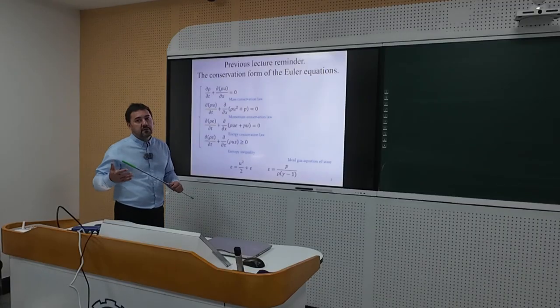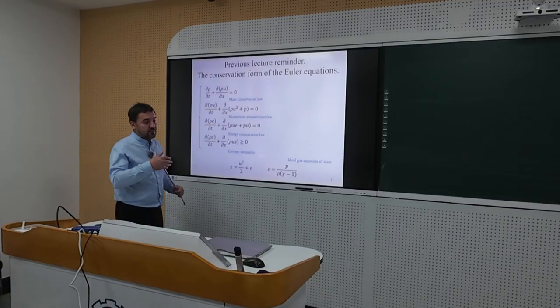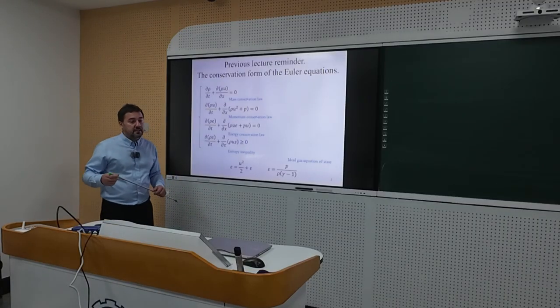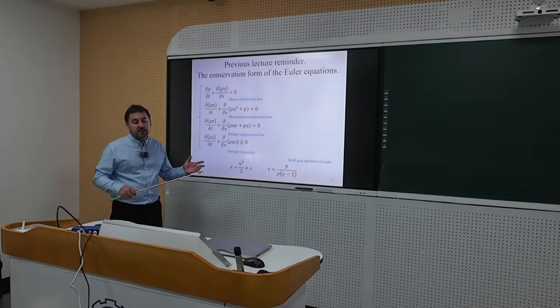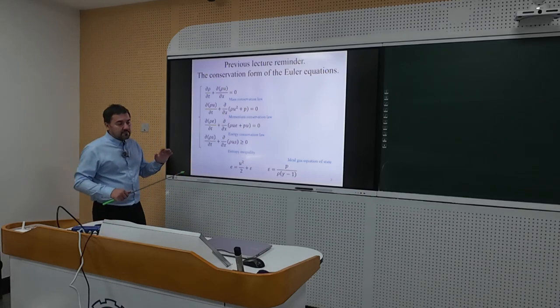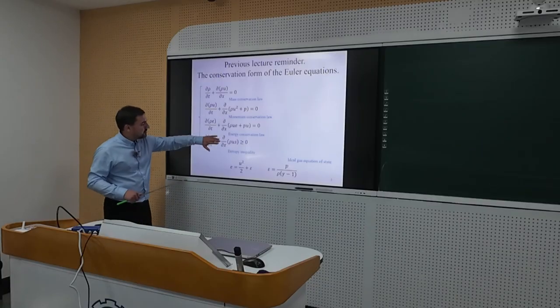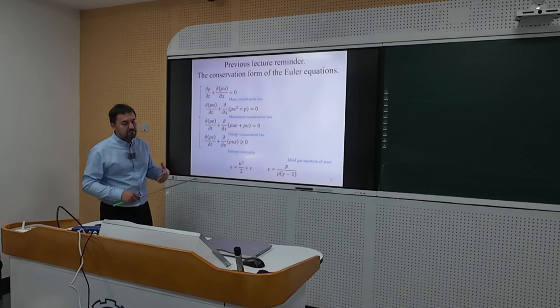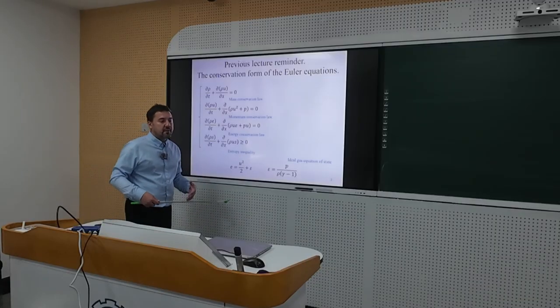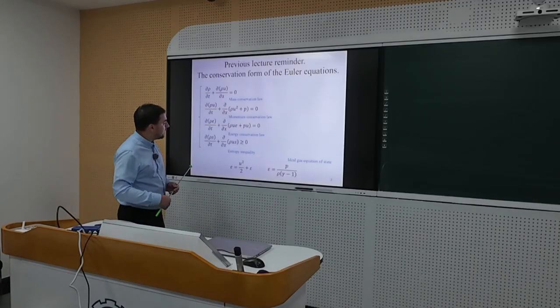Otherwise, we can get wrong solutions. And today we will also see it on the example of a scalar conservation law. Sometimes numerical methods do not take into account the entropy inequality, and in this case they can provide you with wrong numerical solutions. That's very important.